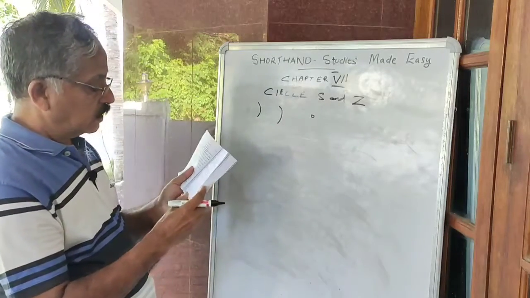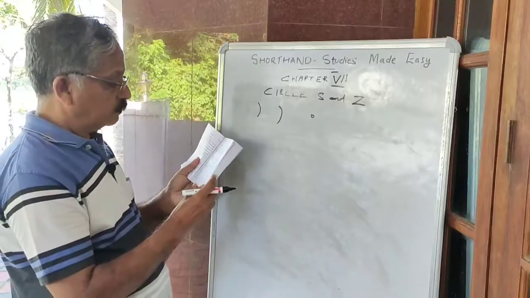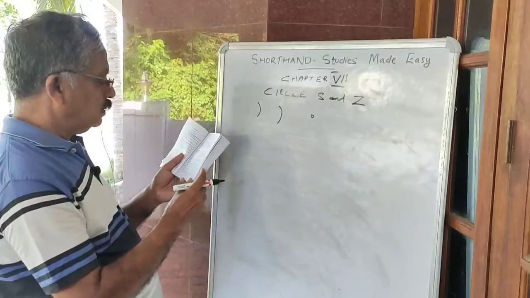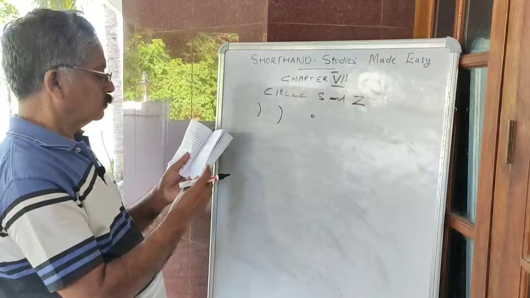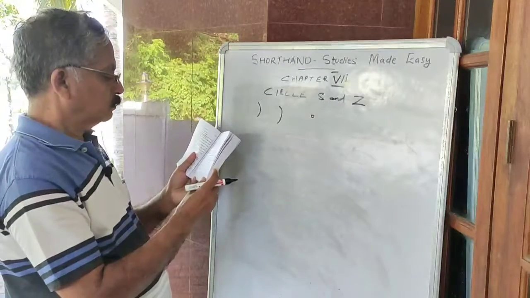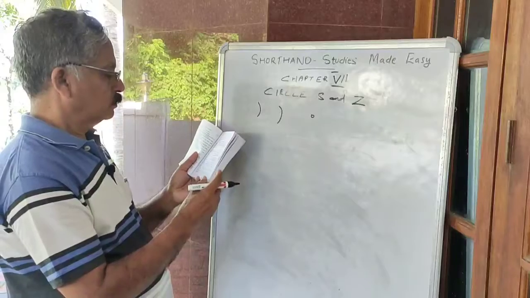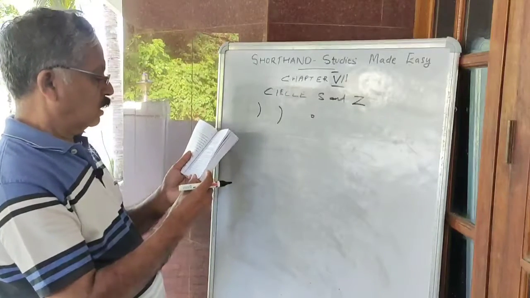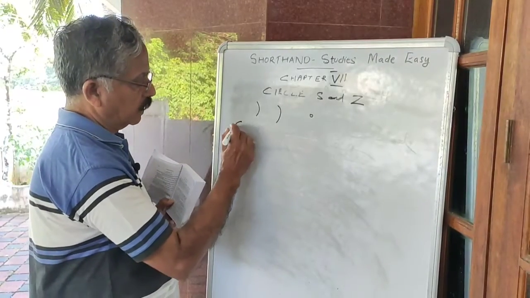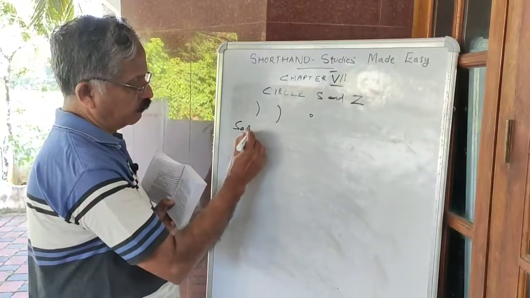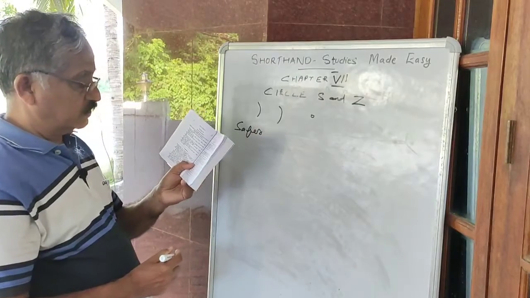So like that, for example, saves, S-A-V-E-S. How will I write saves?